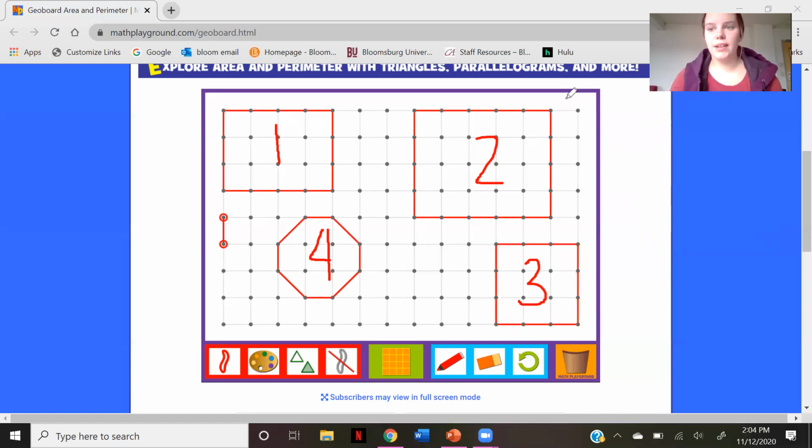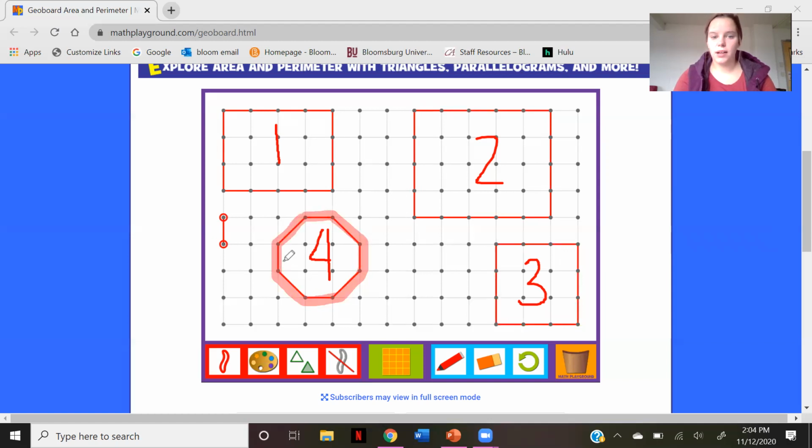Now this one I threw in as a little trick. Don't be scared. We're just going to find the perimeter, not the area. But we know to find the perimeter, you add all the side lengths. And each one of these squares, the side length is 1 unit. So we're going to count 1, 2, 3, 4, 5, 6, 7, 8.